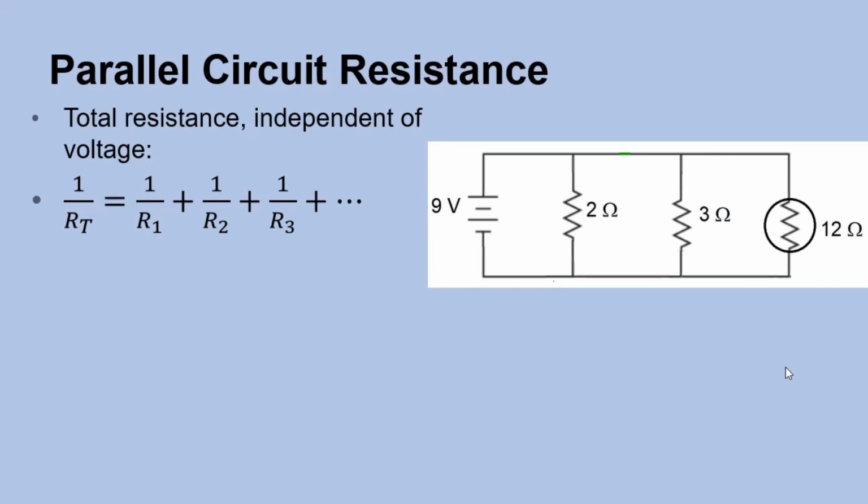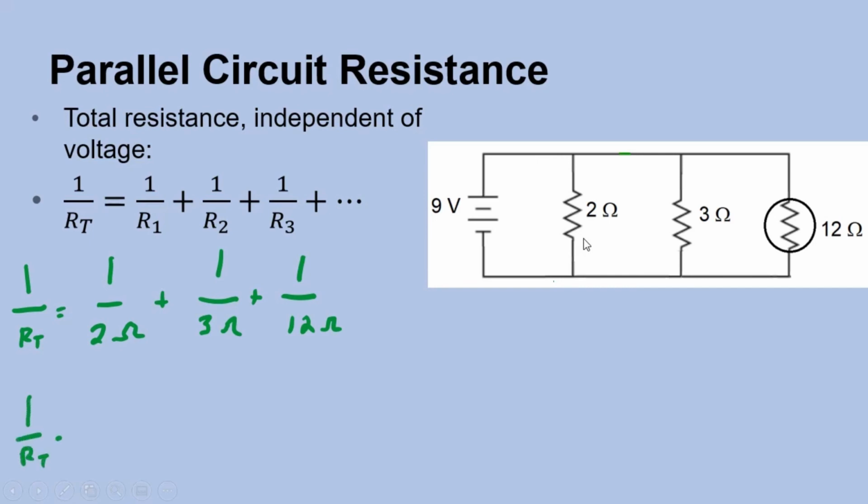So let's look at this example over here. We just want to find 1 over the total resistance. We'll plug in the 1 over the 2 ohms plus 1 over the 3 ohms plus 1 over the 12 ohms. So we're just simply taking the inverse of each of those. Alright, so now we need to add these together. So with fractions, we just need to have least common denominators on these, which would be 12 ohms.